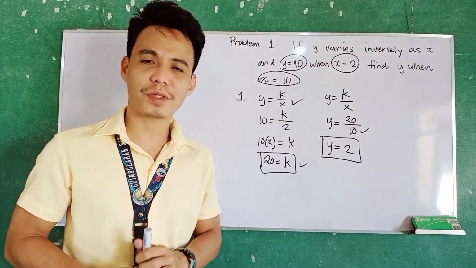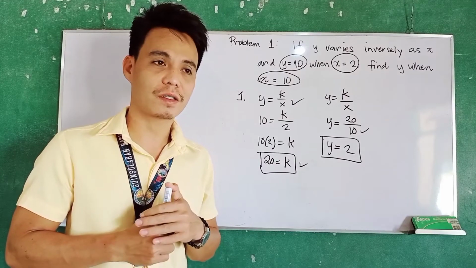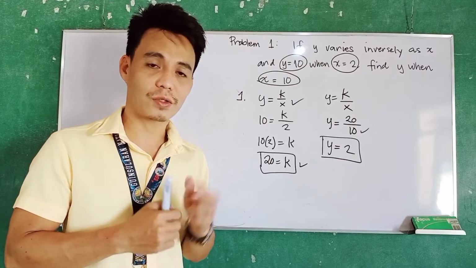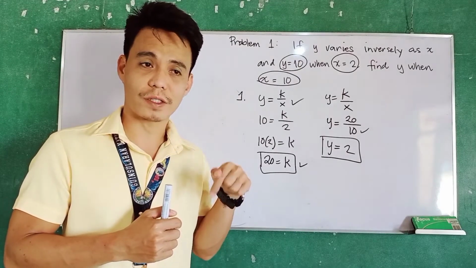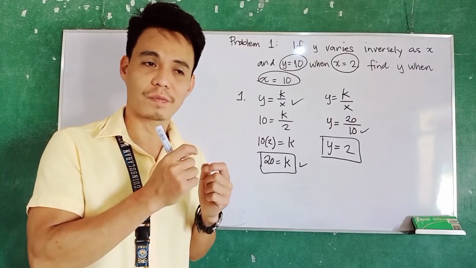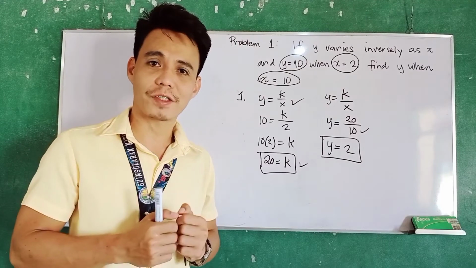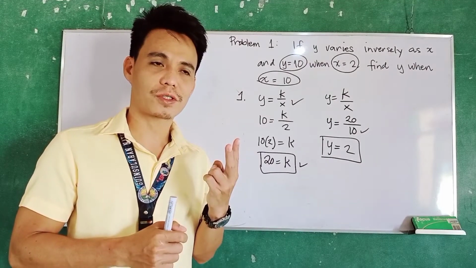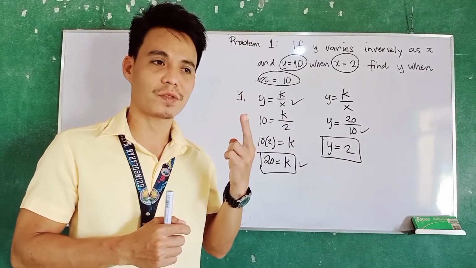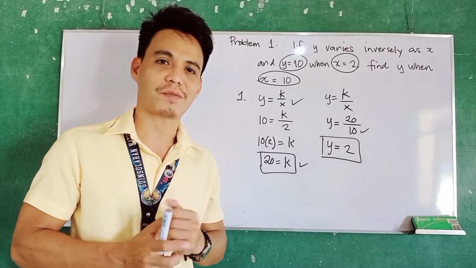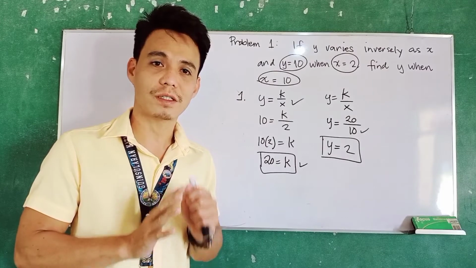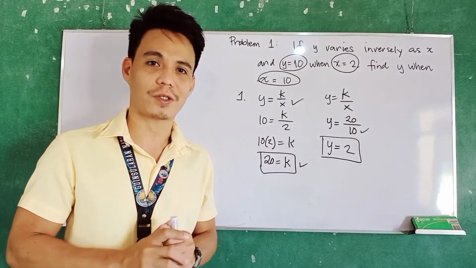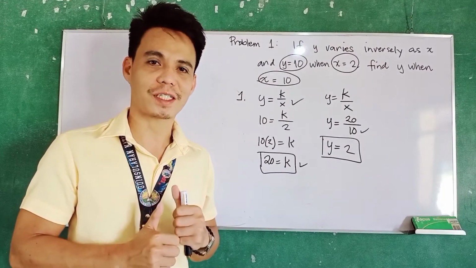We can simply determine inverse variation because when in two variables, the other increases and the other one decreases, or vice versa. While in direct variation, the two variables increase at the same time or decrease at the same time. So that's the differentiation between the inverse and direct variation. I hope you understand, guys.